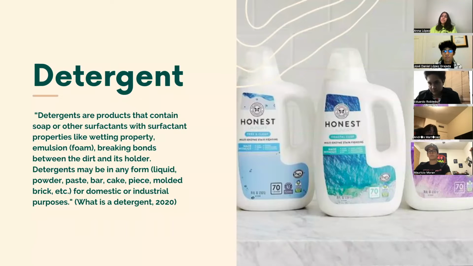Detergents are products that contain soap or other surfactants with properties like wetting, emulsion, and breaking bonds between the dirt and its holder. Detergents may be in any form, liquid, powder, paste, bar, etc., and are usually used for domestic or industrial purposes.